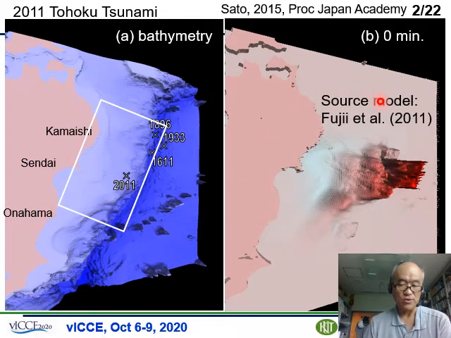This picture shows the initial tsunami profile proposed by Fuji et al., which is actually an inversely conjectured profile from a number of tide gauges.